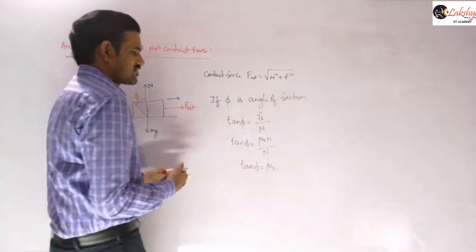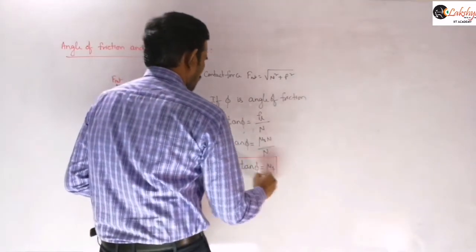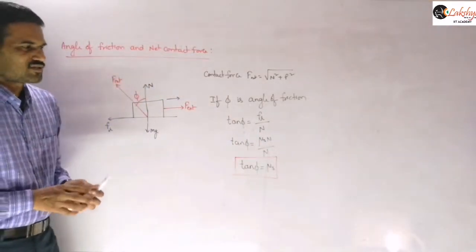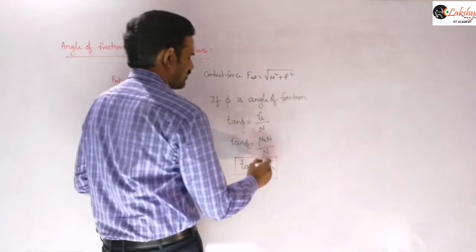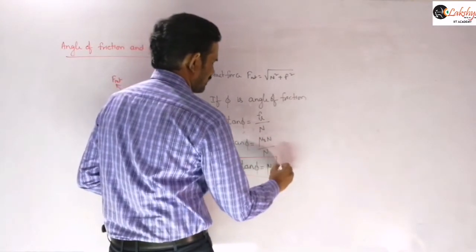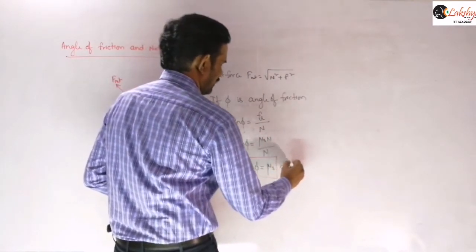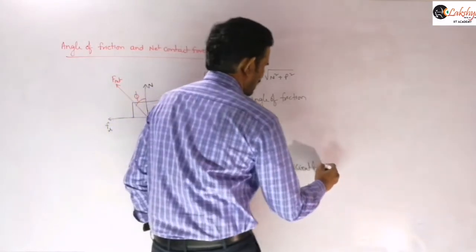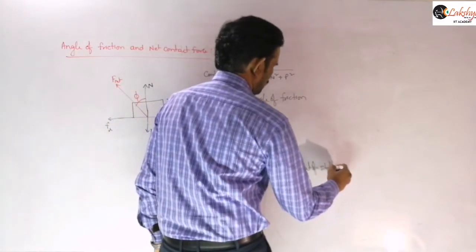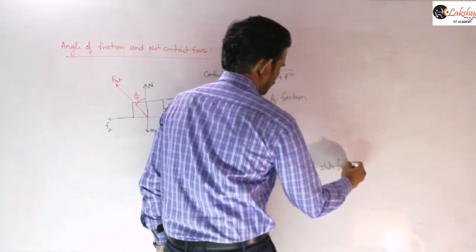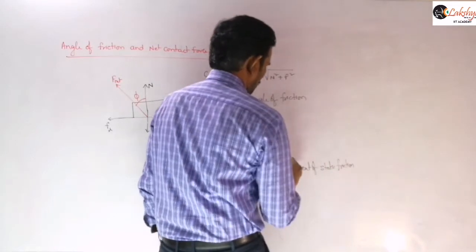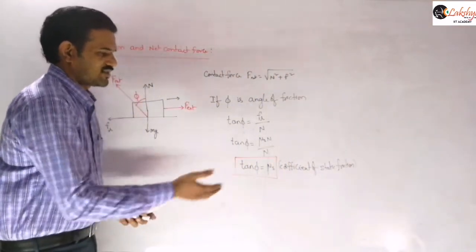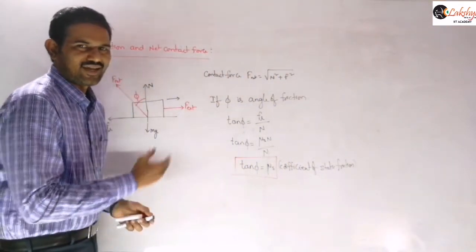Sometimes, instead of giving the angle of friction, they will give the mu s value. What is mu s? It is the coefficient of static friction. And so the angle of friction we generally write as tan inverse of mu.